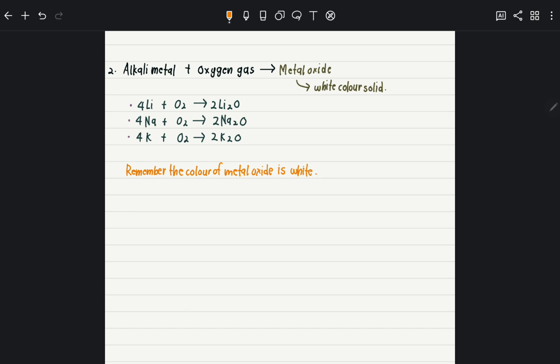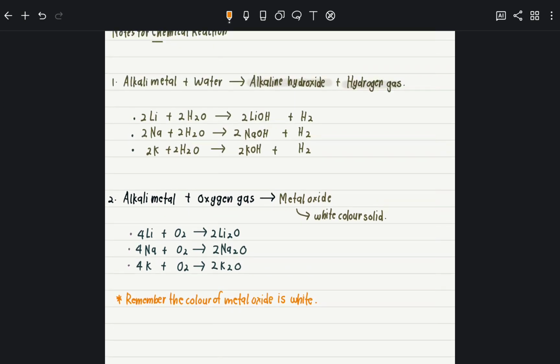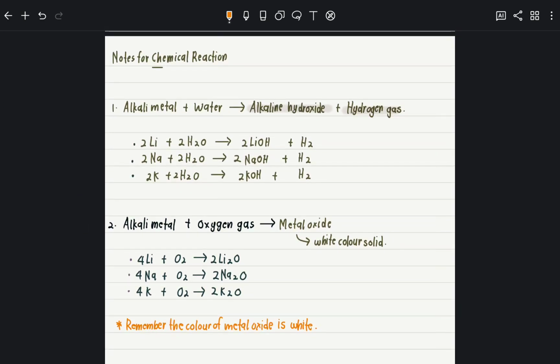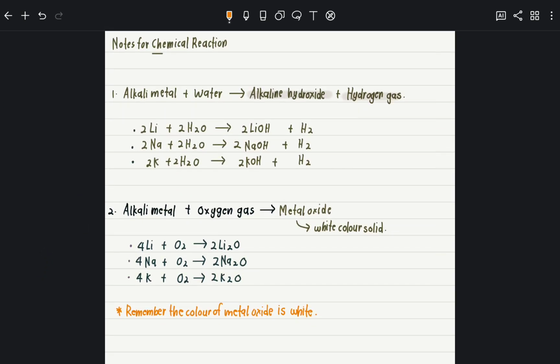Okay, it is a white solid. That is the color of your metal oxide. Understand? So I hope you understand what I'm teaching now. And remember that you kena ingat, tu saja. It's all about memorizing for this particular part. You kena ingat dulu.